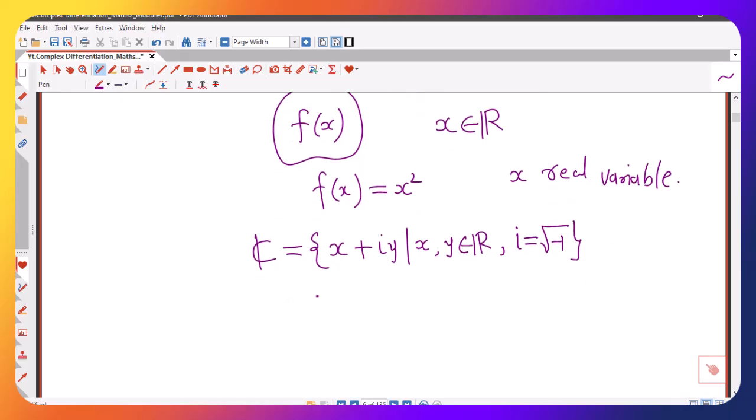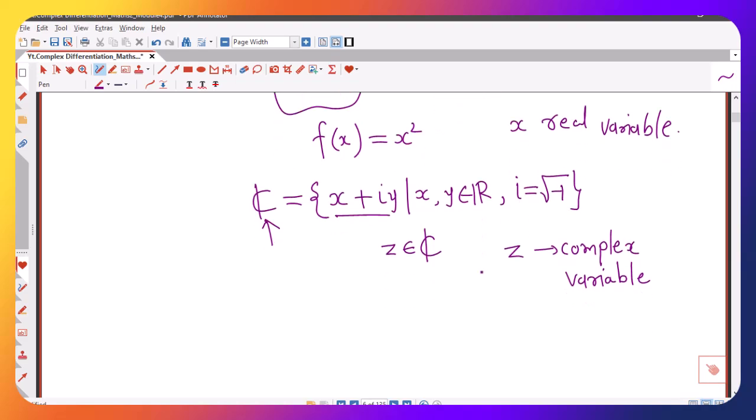If z is in this set C, then we say that z is a complex variable, if z can take any complex number as its value.